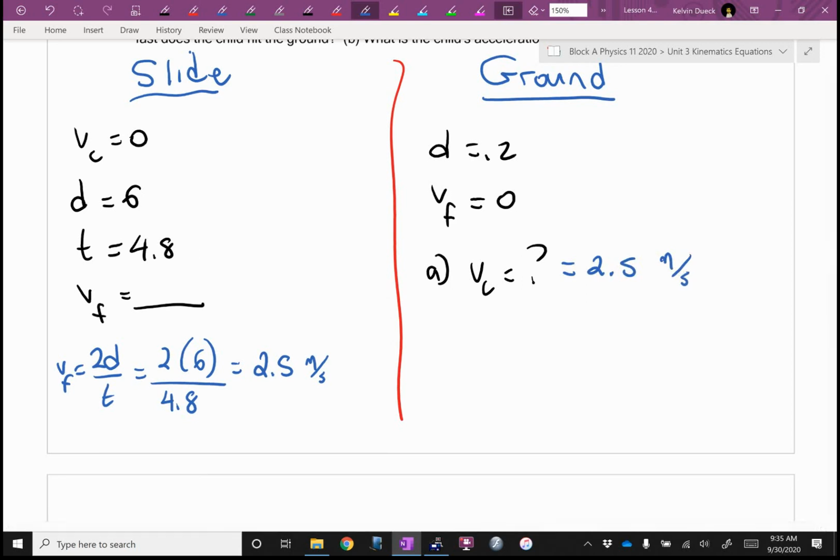I've scrolled down. What does part B want me to find? Stopping on the slide or on the ground? So now part B wants me to find A equals question mark. Look up. I know D. I know VF. I know VI. I've got three things. I can find the fourth.